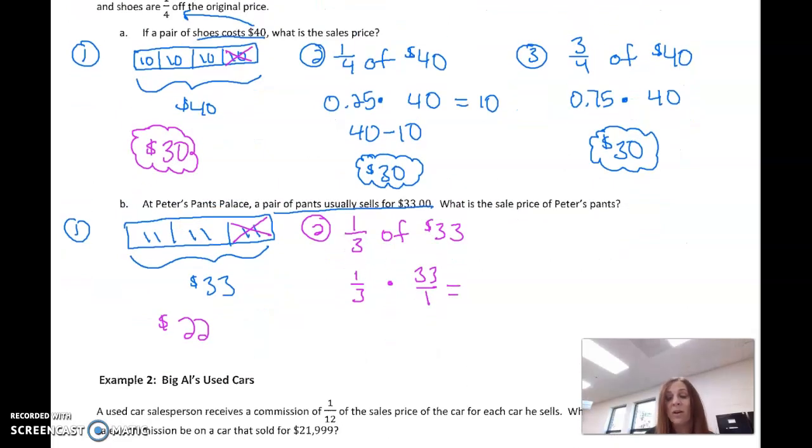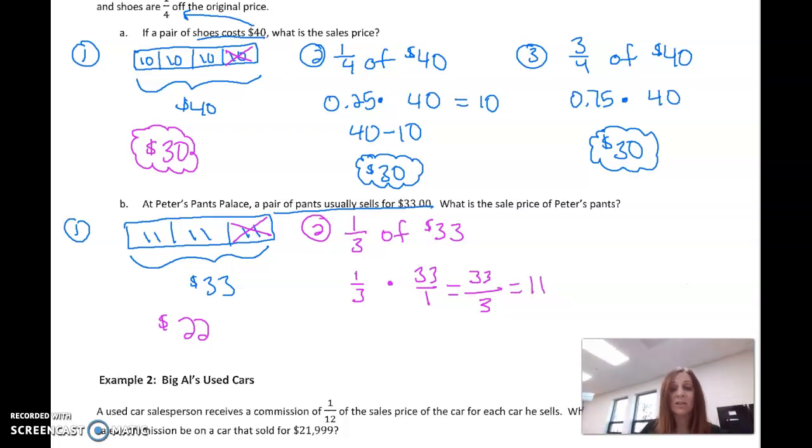And if I multiply straight across, or whether I cross reduce or whatever it is, I get 1 times 33, which is 33 over 3 times 1, which is 3. 33 divided by 3 is 11. But that's how much off I'm getting. So I would have to go 33 minus 11, and I would get $22.